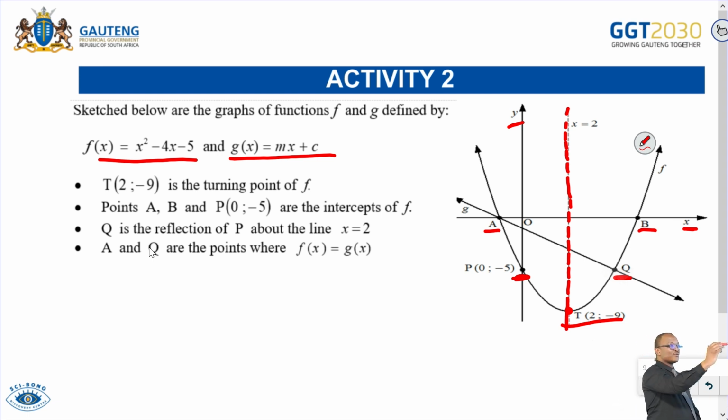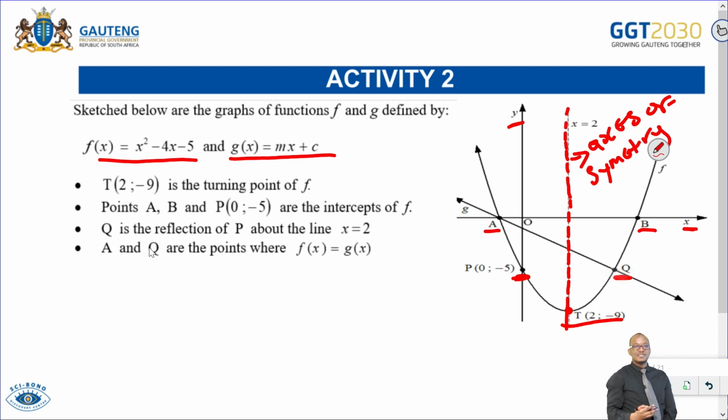And we said in our previous lesson that this line is the axis of symmetry. And the axis of symmetry, remember, divides our graph into 2 equal parts.